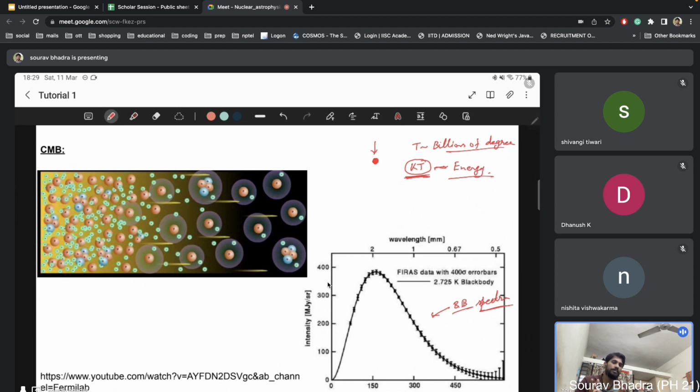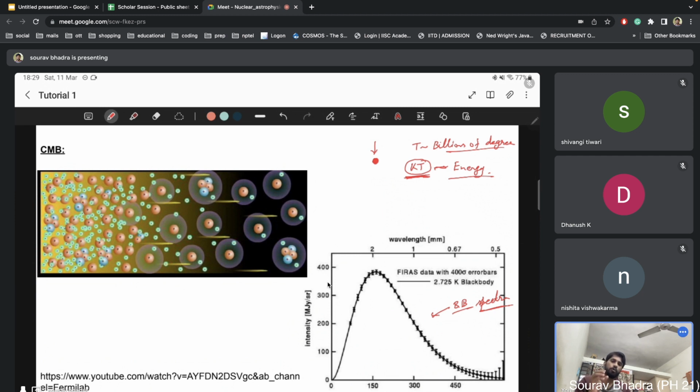So the formation of hydrogen cannot happen at very high temperature, and everything will be in isolation. There will be free protons, free electrons, quarks, gluons, neutrons, everything free, not bound, and the density will be very high.